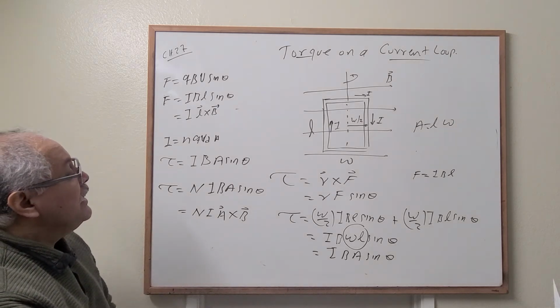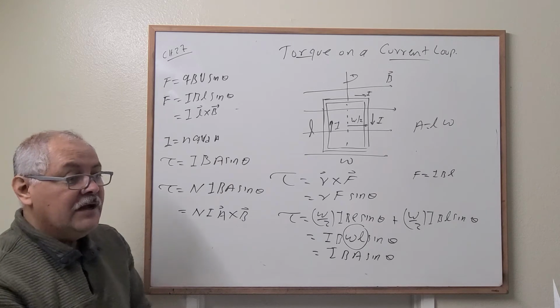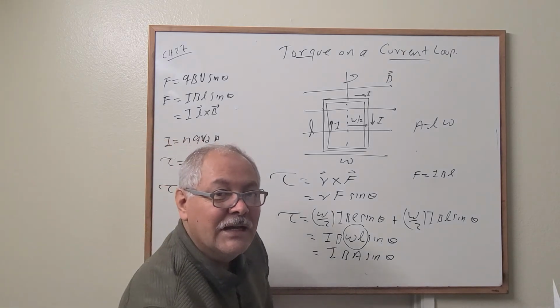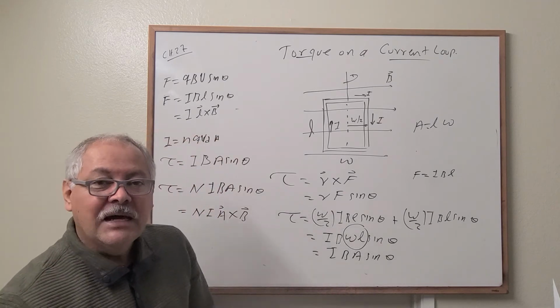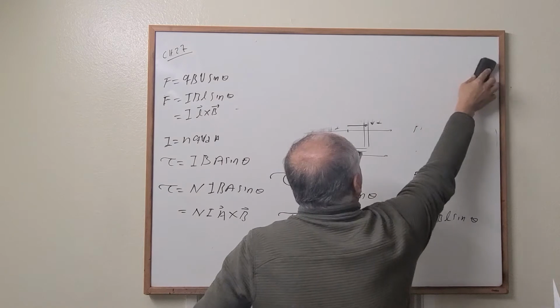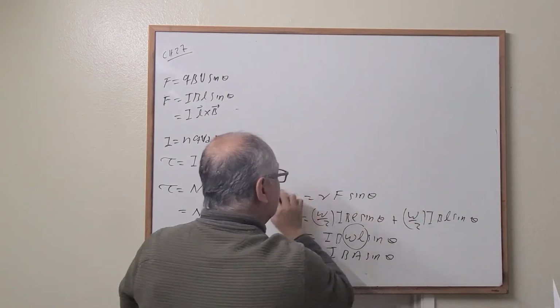Now let's find the magnetic dipole moment in the same way as we did for the electric dipole moment. These two dipoles have the same form.